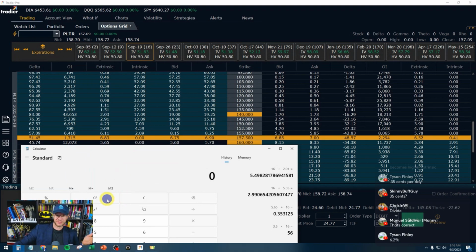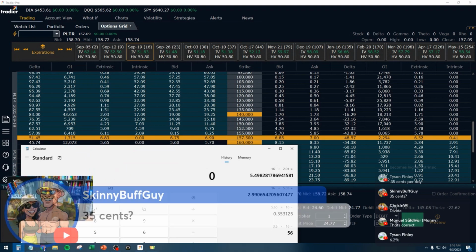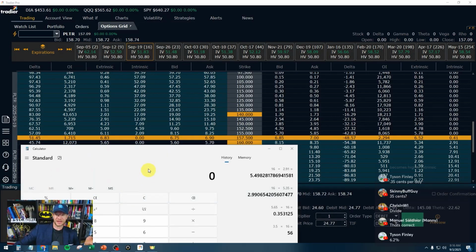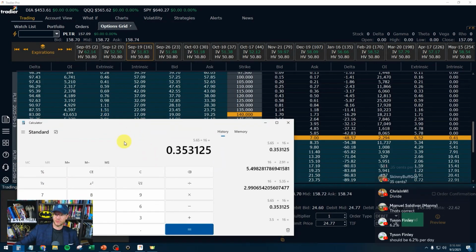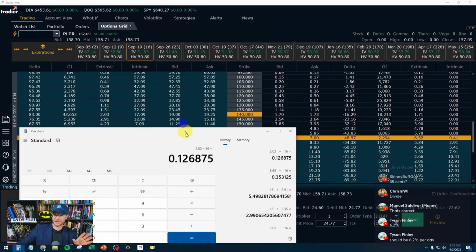I've totally messed up my math here. What am I doing wrong? 35 cents a day? Oh, 35 cents a day. 5.65 divided by 16 is 35 cents a day. And then 2.03 divided by 16 is 12 cents a day. I apologize for the math.